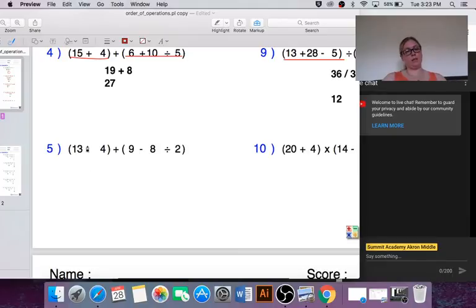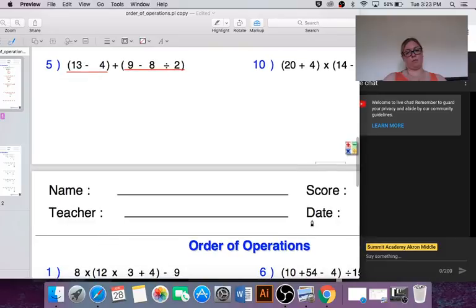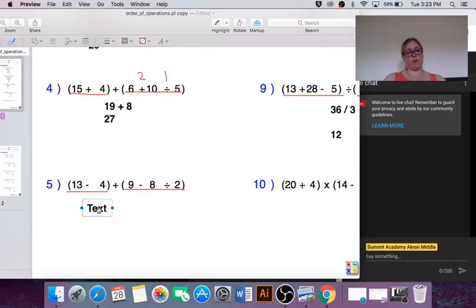Here, two sets of parentheses again. So we're going to do this set of parentheses and this set of parentheses at the same time. Okay, so we have 13 minus 4, which is 9, plus, and here we have subtraction and division.